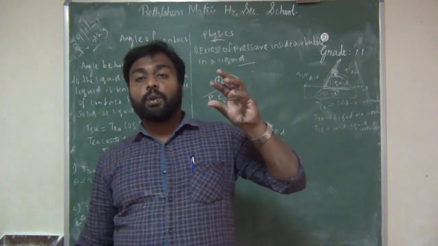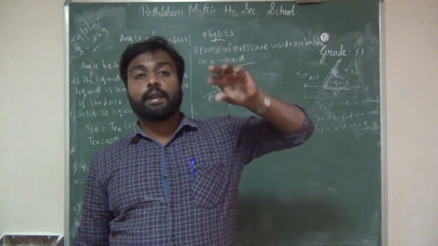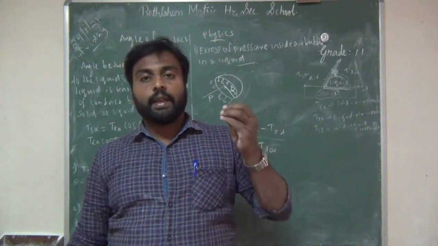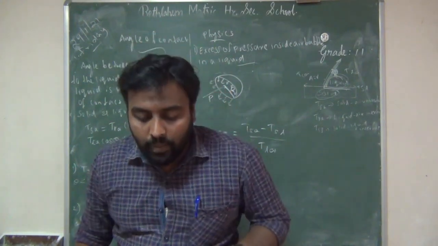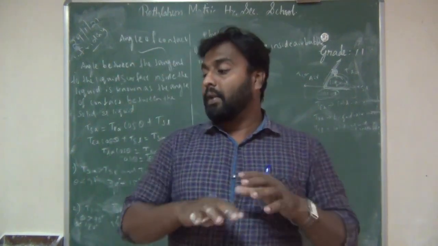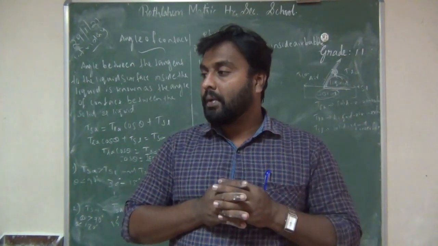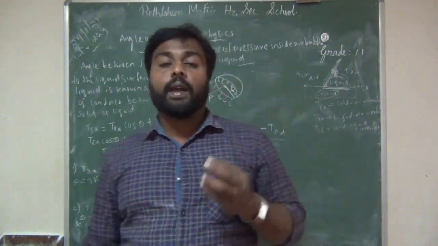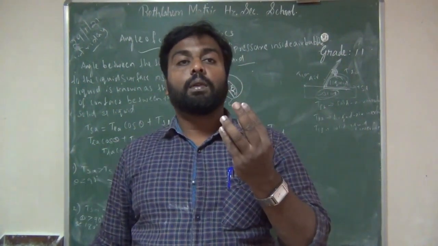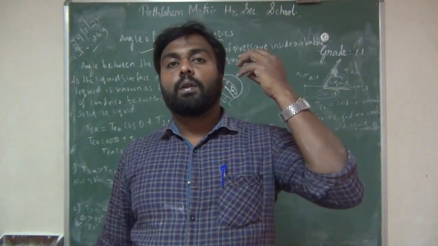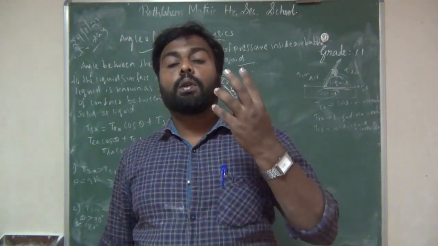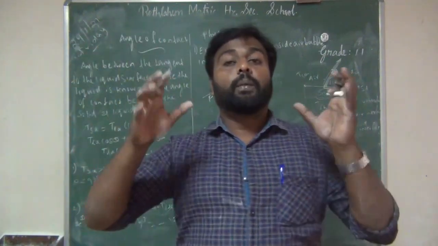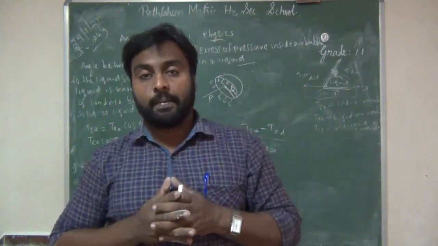So what will happen to this excess pressure inside a bubble or a liquid drop? If you are taking a small bubble and a liquid drop, we know that it will be spherical in shape. Also, you can see this liquid drop or this soap bubble in spherical shape, because of its surface tension.